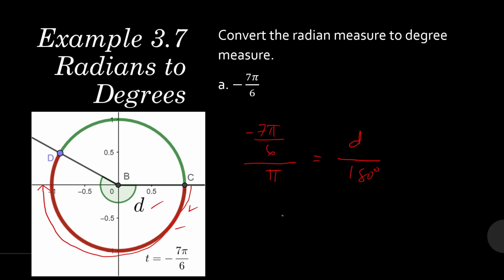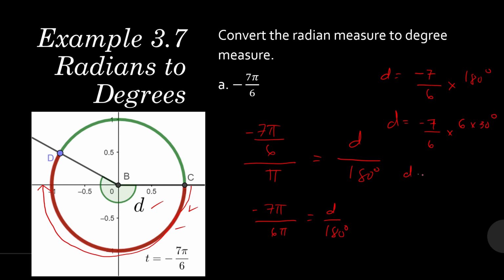Let us solve for D. So this one is equal to negative 7 pi over 6 pi. So in terms of degrees, an angle whose radian measure is negative 7 pi over 6 is the same as an angle whose degree measure is negative 210 degrees.